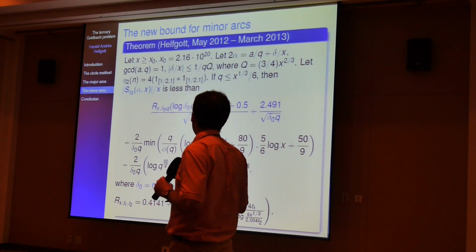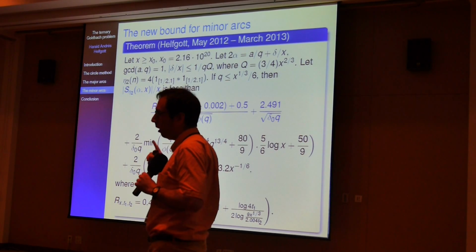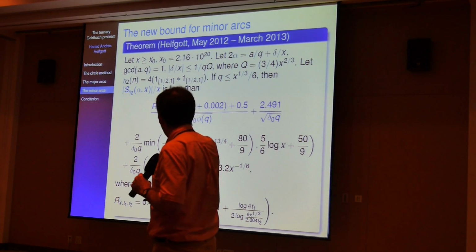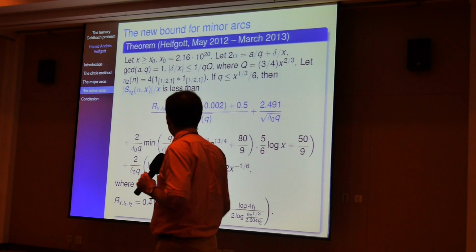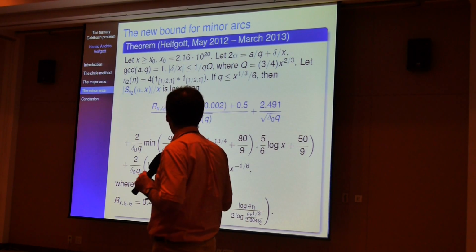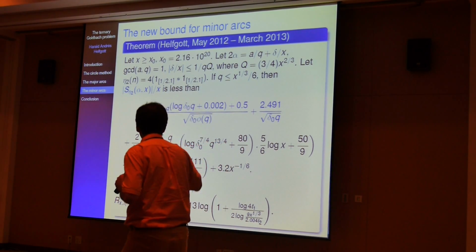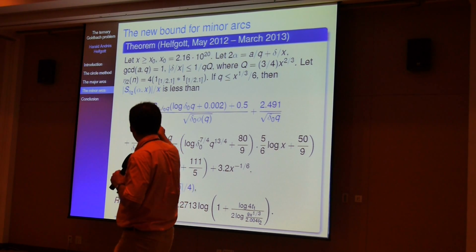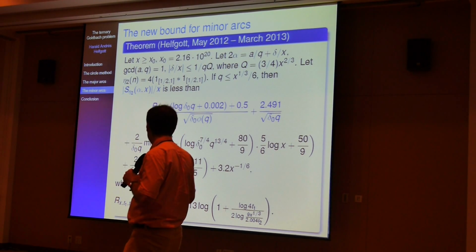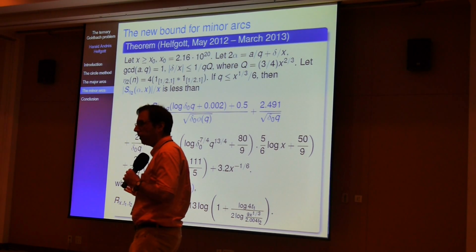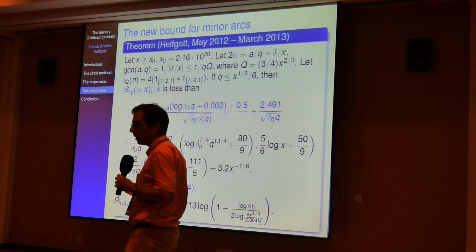No log x's. There's only log q, one log q. Log q squared will be too much in practice. R is less than 1. And you also have a suspicious delta 0, but the suspicious delta 0 is in fact good. Because as it gets bigger, it grows much more in the denominator than in the numerator, and delta 0 is always at least 2, and when delta gets bigger, it becomes bigger.